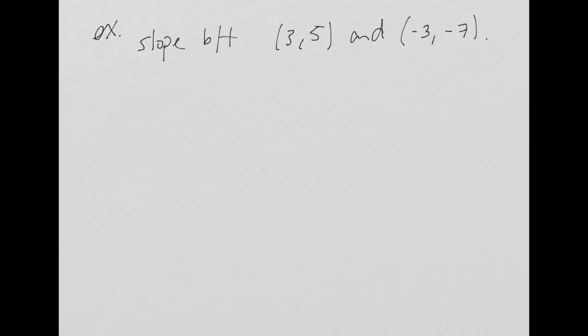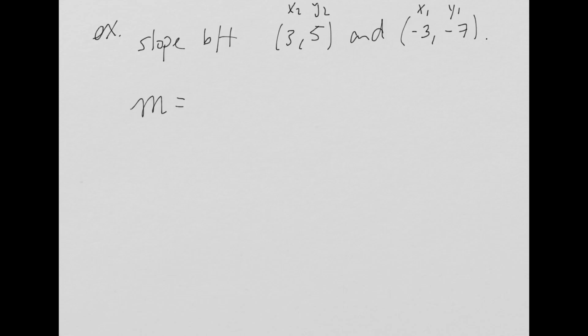Let's try one more. Let's find the slope between the point 3, 5, and the point -3, -7. So slope is going to be rise over run. This time, let's label this one as x1, y1, and this x2, y2.